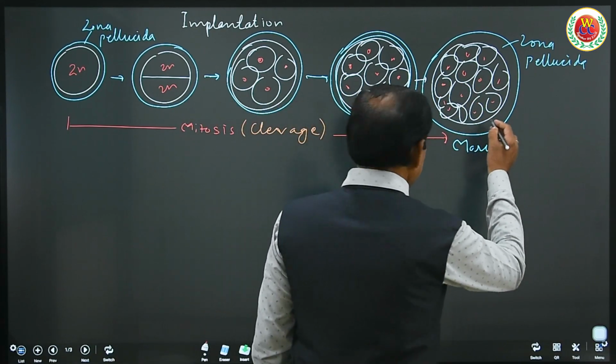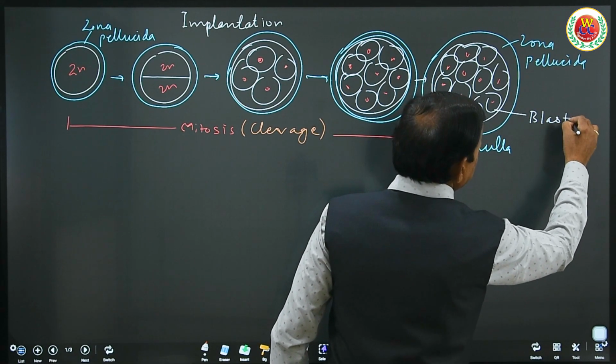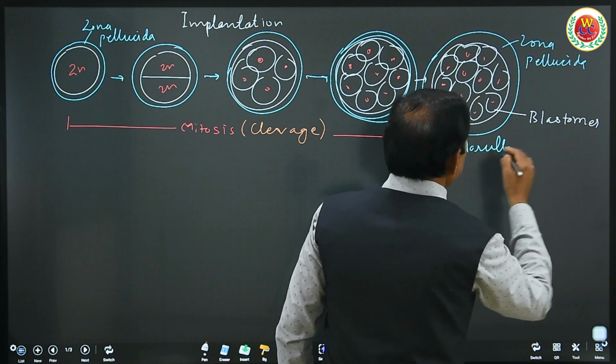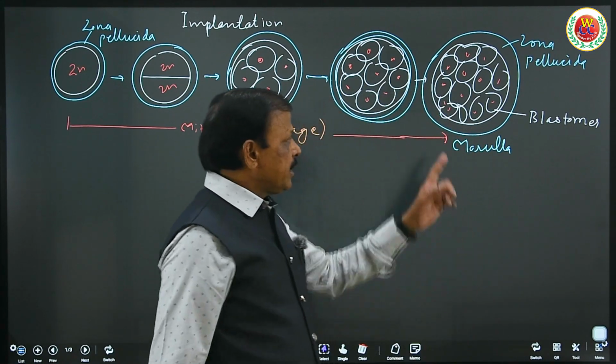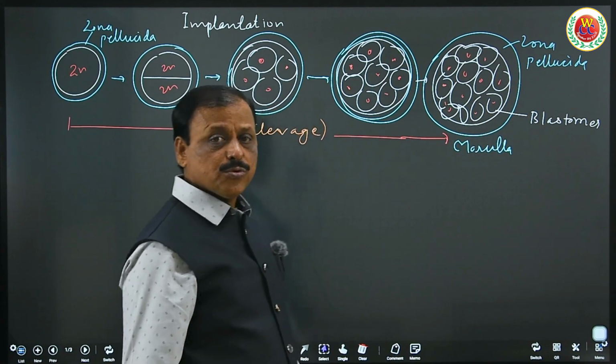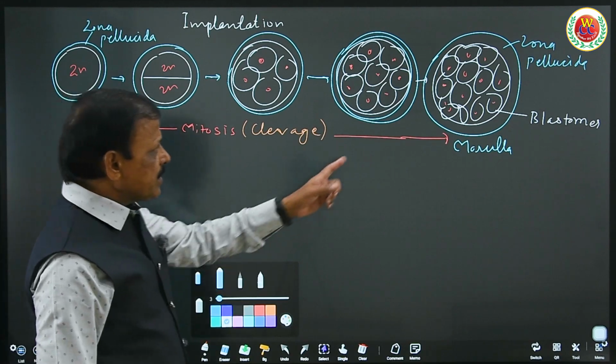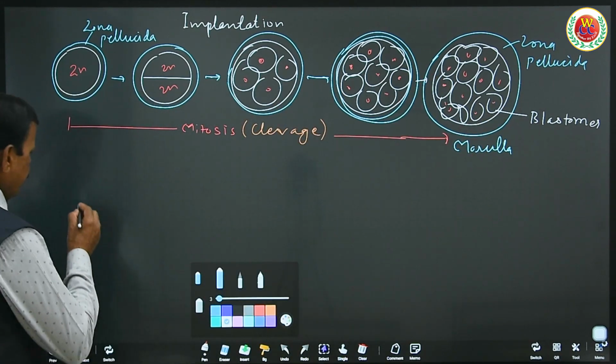Now each cell is known as a blastomere, and the stage is the morula. Why is it called a blastomere? Because each cell later forms the blastocyst. What is that blastocyst? It has an arrangement of the outer blastomeres forming the trophoblast.